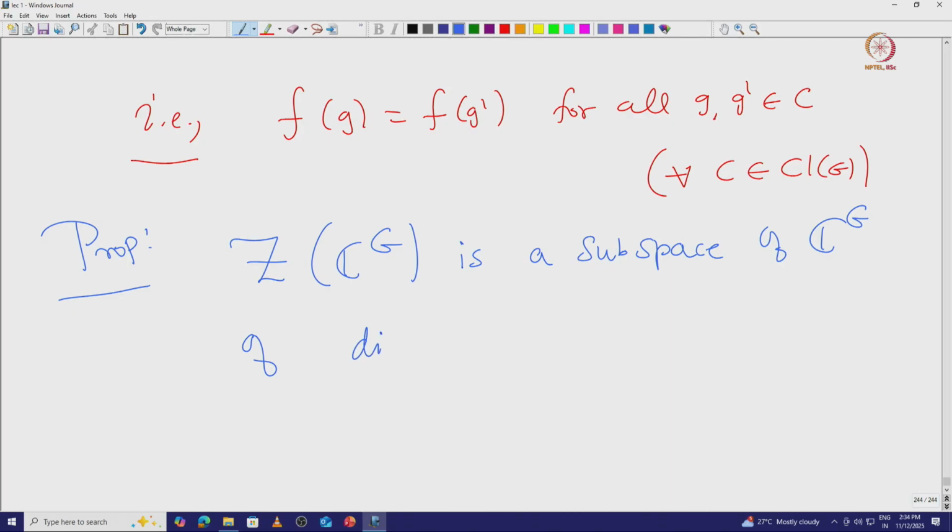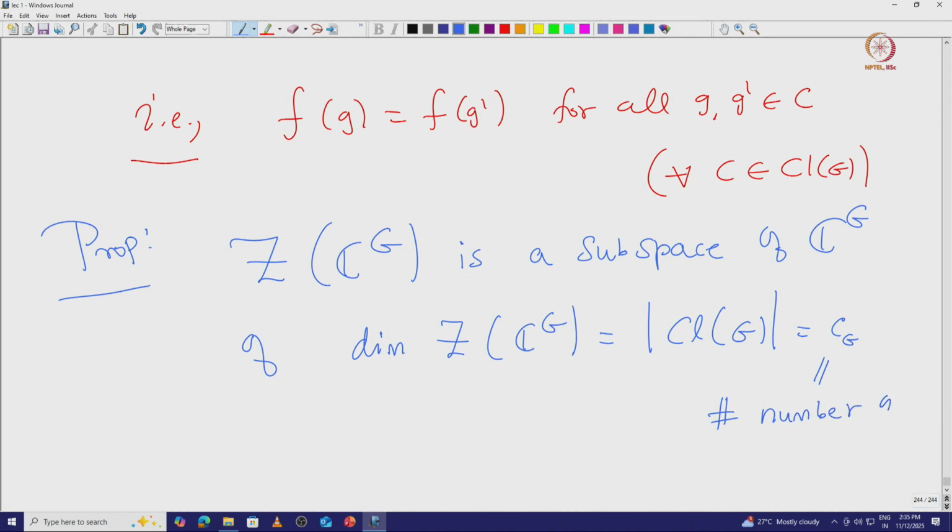So, the dimension of this space is exactly the cardinality of CL(G), which we denote by small c(G), the number of conjugacy classes.